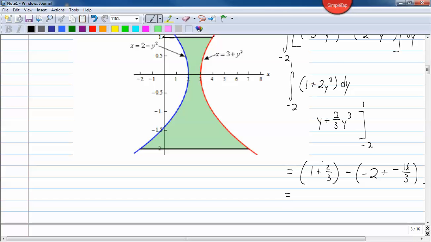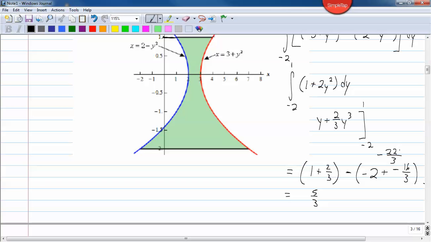Alright, so this is 5/3. Those two are both negative, so you could just say 2 times 3 is 6 plus 16 is 22. So negative 22/3.